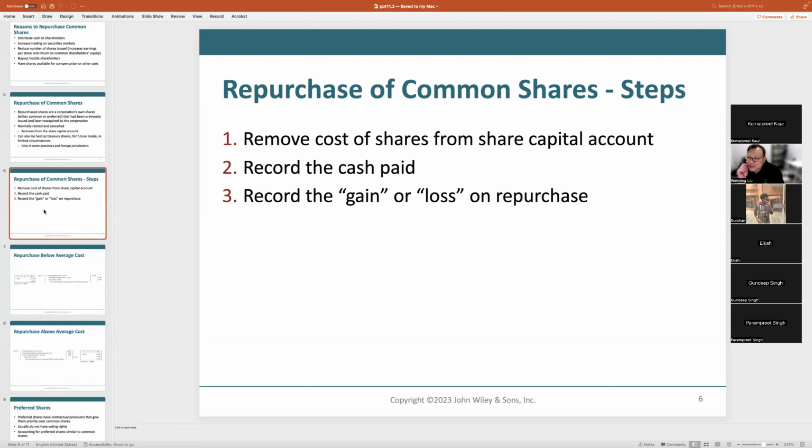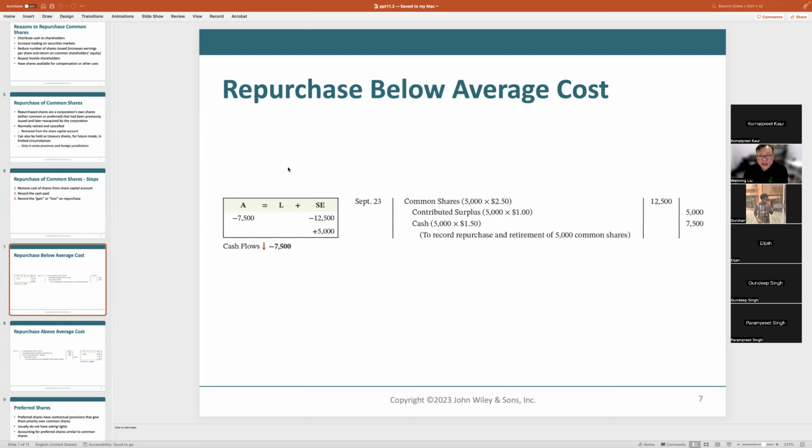So then there will be a difference. It could be a gain or could be a loss. If you buy it back at a cheaper price, that will be a gain. If it costs you more money to buy it back, that's going to be a loss, right?